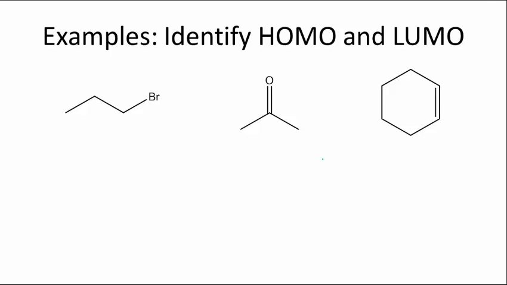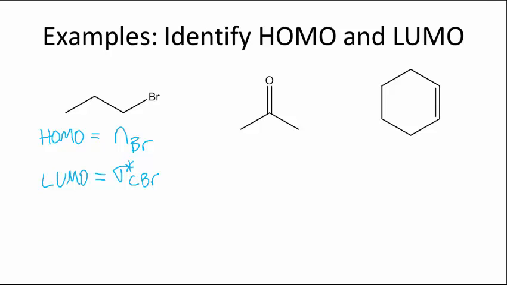All right, first molecule here, propyl bromide. What do we have for the HOMO? Bromine lone pair is the HOMO, the LUMO, sigma star CBr.